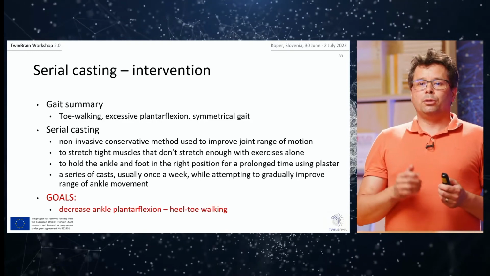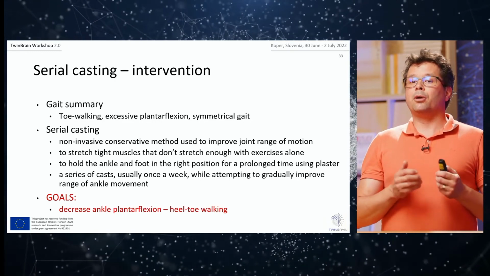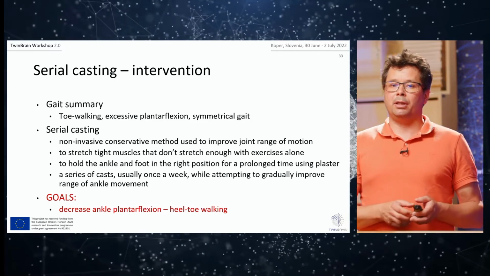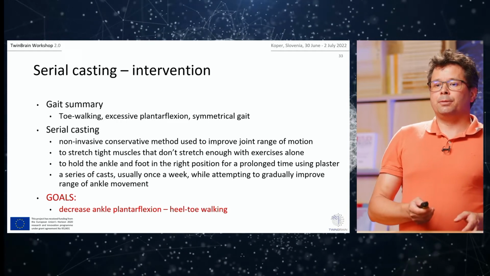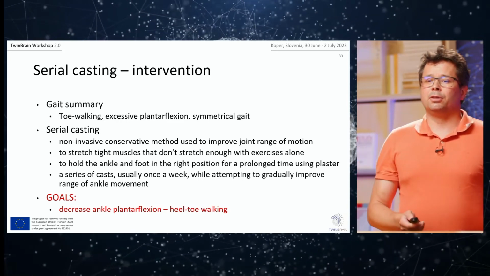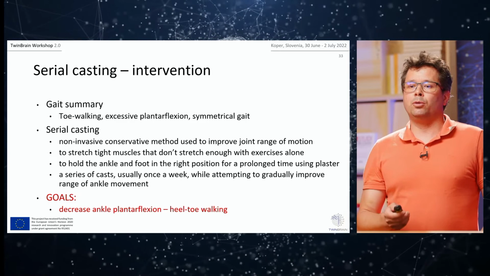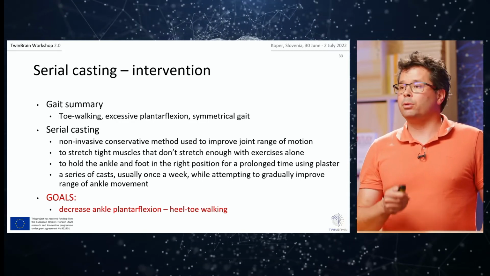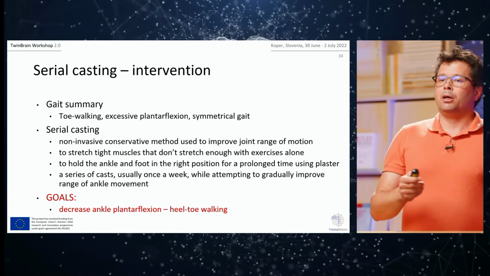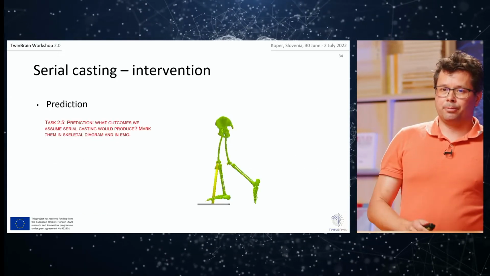What we want to achieve is to gradually improve the range of movement in the ankle joint. So we want to decrease the ankle plantar flexion throughout the gait cycle so that the patient would be able to initiate the foot contact with his heel instead of the toes during the initial contact.